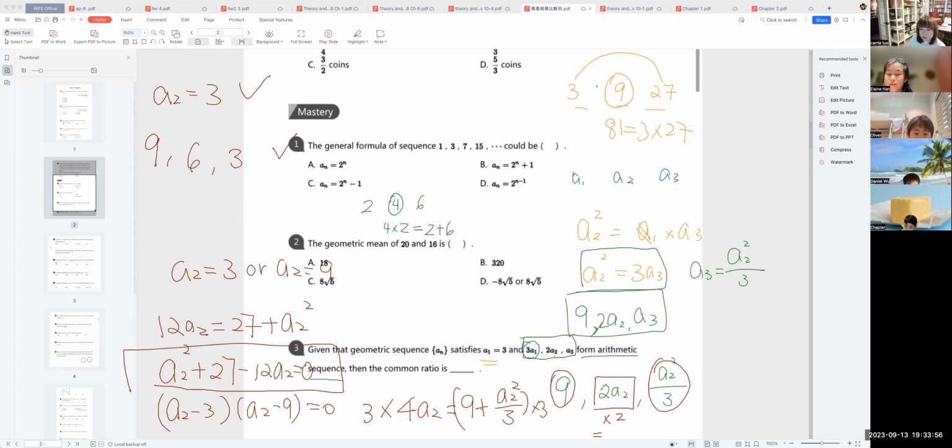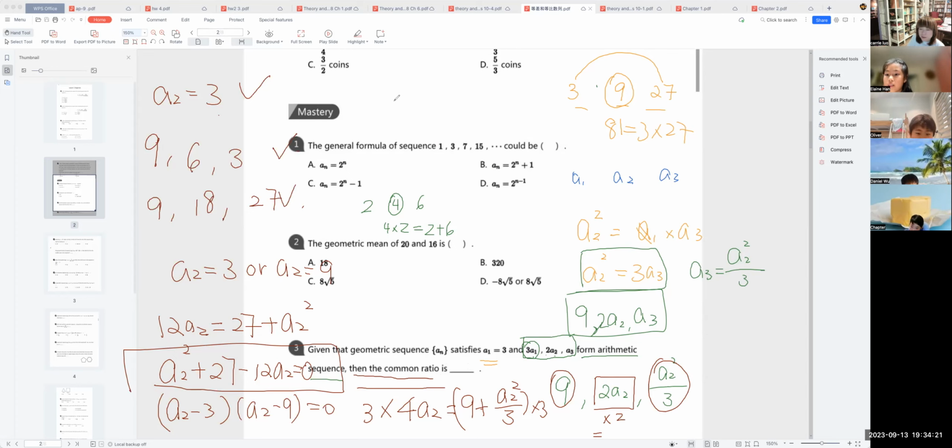So let's put a2 equals 9. It will be 9, 18, and 27. Is it an arithmetic sequence? Yes. So a2 could be 3 and also could be 9. 好了，有些小朋友说，老师，我做完了。No, this question is asking you, what is a common ratio?